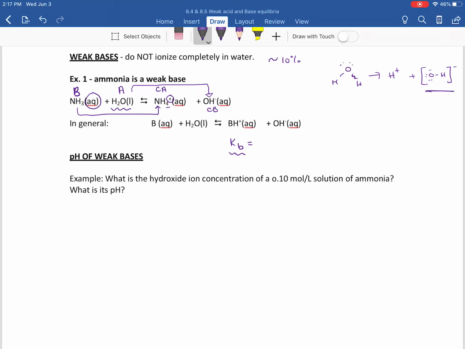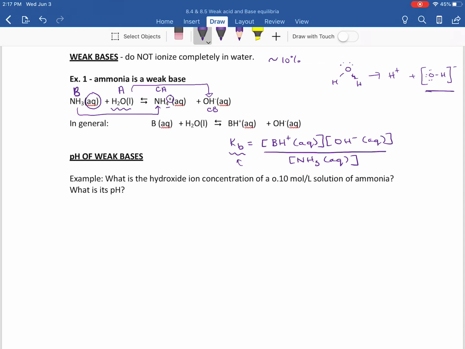So that's the base constant. And this gives us products over reactants yet again. Okay, and once again, we don't include the water because liquid water is a constant concentration, which is already factored into the K constant. So let's take a look at some examples of questions, all right?